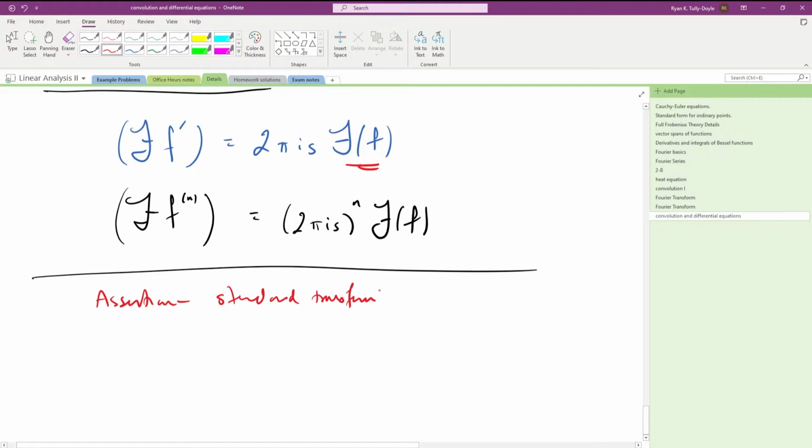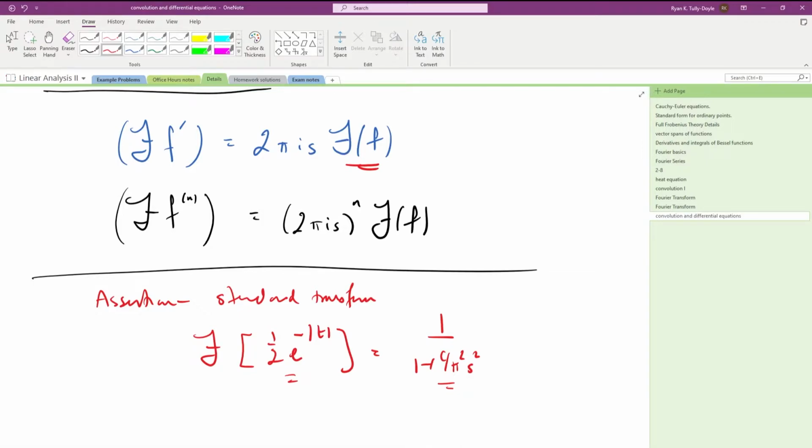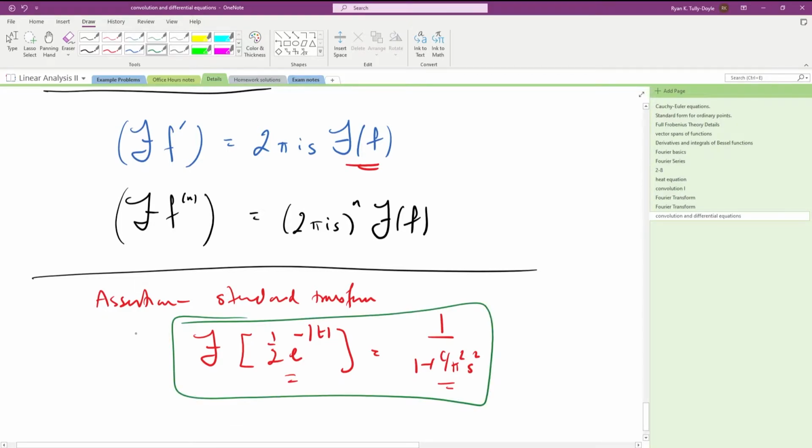So I assert the standard transform that the Fourier transform of 1/2 e to the minus absolute value of t is equal to 1 over 1 plus 4 pi squared s squared. That's just a fact. If I see this, it is automatically the Fourier transform of that, and in the example we're going to write down, we're going to see that. So if we assume that we had this fact on a table, this is a table fact.